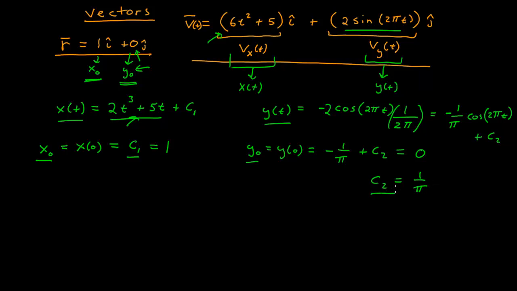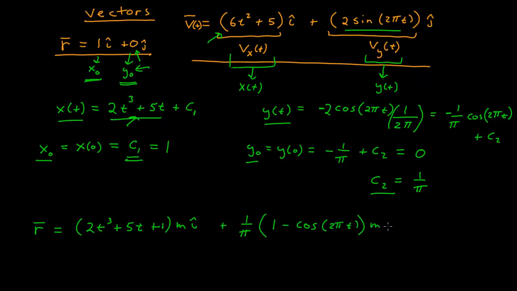Now I can plug these back into my equations for c1 and c2, and I have the vector form of the trajectory: 2t cubed plus 5t plus 1, it's in meters, i hat, plus, I have this 1 over pi, I can factor out 1 over pi, 1 minus cosine 2 pi t, meters j hat.